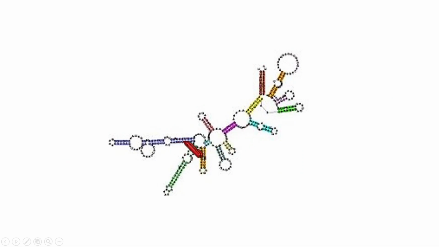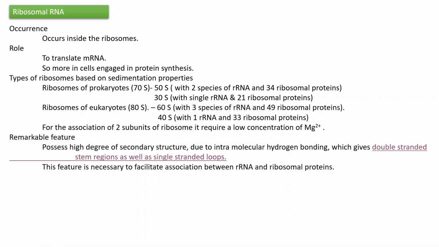We can see a double-stranded stem region as well as single-stranded loops. This feature is necessary to do what? To associate the rRNA and ribosomal proteins inside the ribosome for its assembly. This high degree of secondary structure is very necessary.